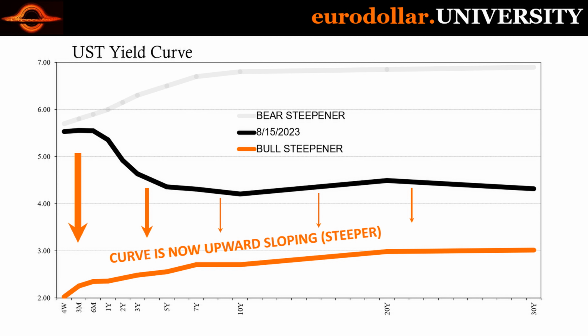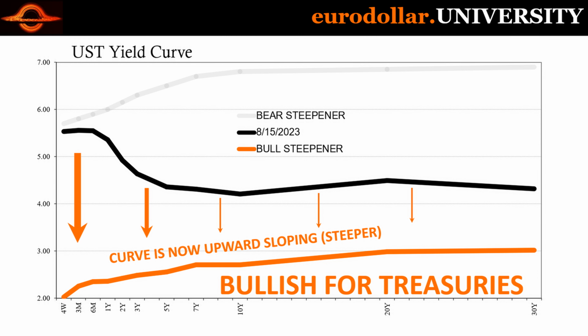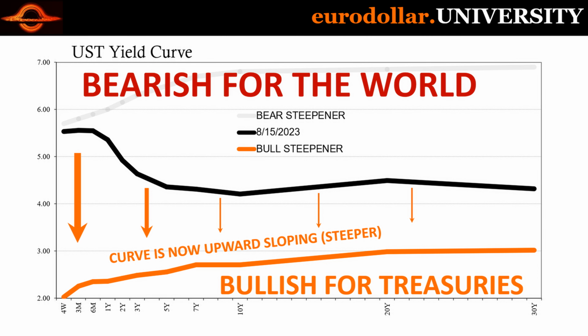And so that would be bullish for Treasury investors, but it would be bearish for practically everyone else around the rest of the world, because nothing good happens when you see a bull steepening on the curve. If we're inverted to such a heavy degree, steepening out in that direction means that short-term interest rates aren't just dropping, they're going to be dropping considerably.